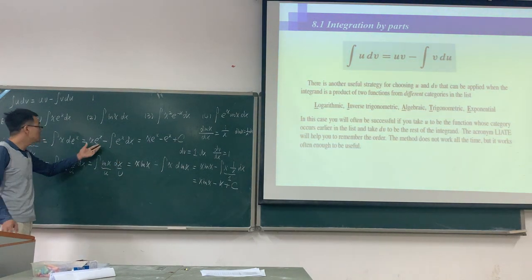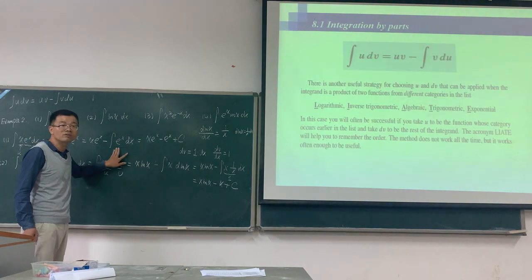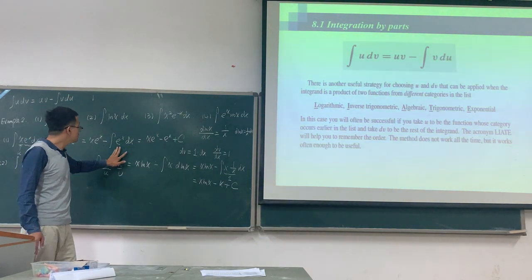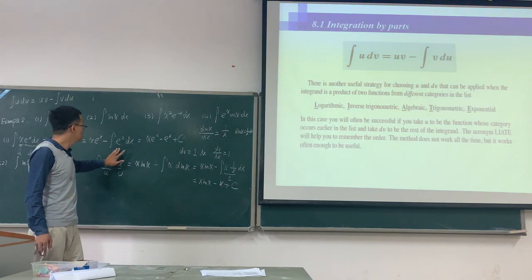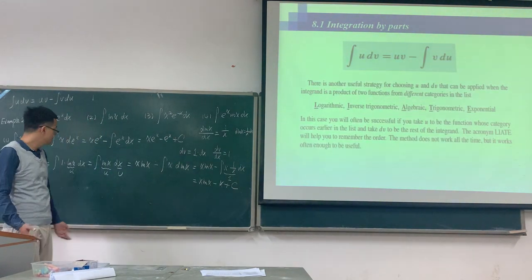Then we calculate from there. The antiderivative of e^x is e^x plus C.